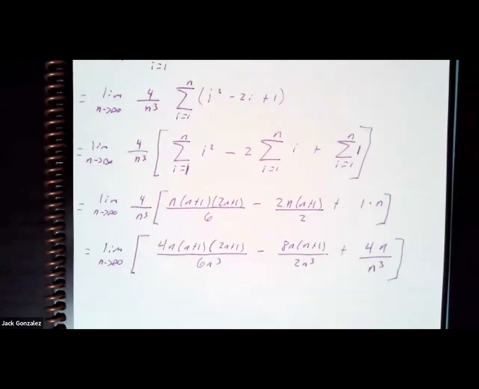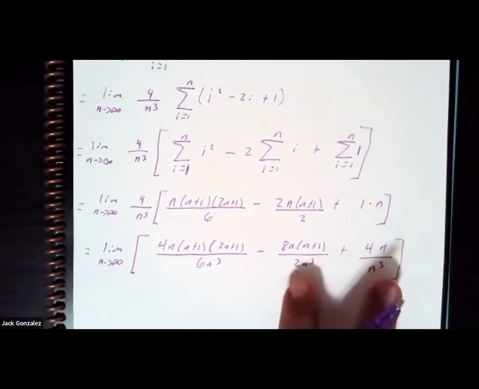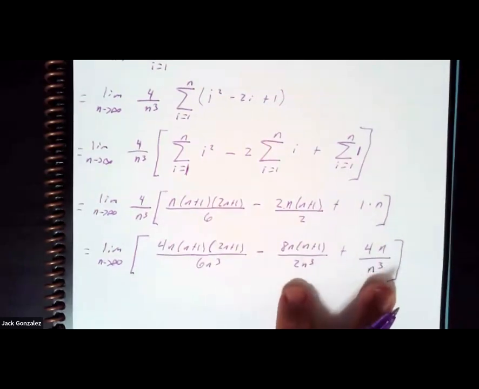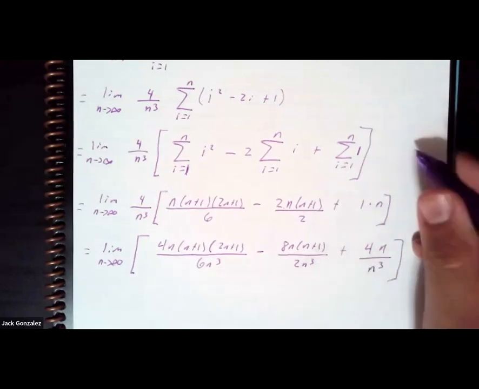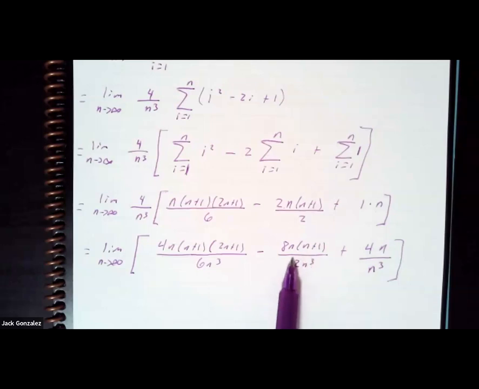All right. Do you agree if I take the limit that these two will go to 0? Do you see why? It's because the power on the bottom is bigger, so this is going to grow faster.